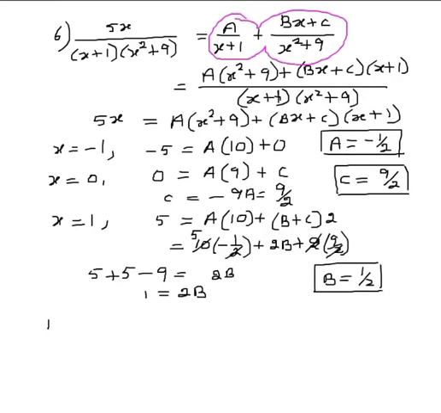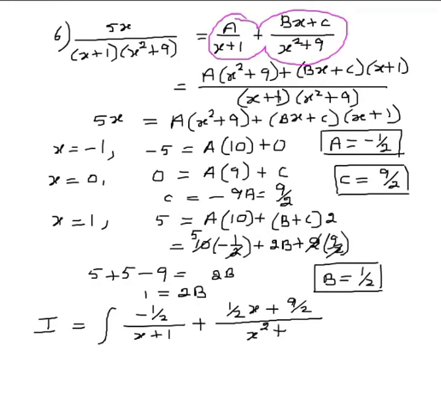Therefore, the given integral I becomes integral A, which is minus half, divided by x plus 1, plus B, which is half, so half x, and C is 9 by 2. Half x plus 9 by 2 divided by x square plus 9 times dx.